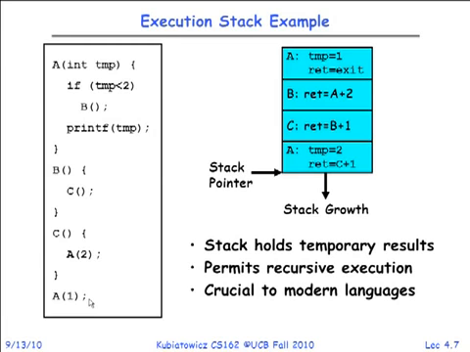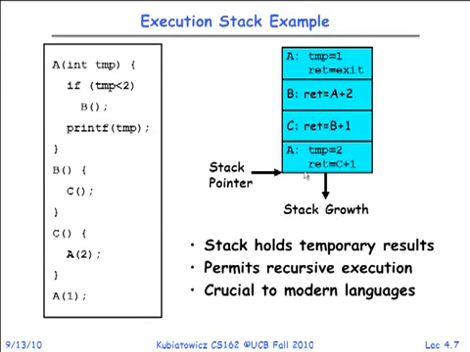This is the definition for A, B, and C, so this is the first actual call. We call A of 1, and a stack frame gets allocated for A, and space for this variable temp is put on the stack. This stack, which by the way is going to grow downward in this diagram, has two A's.